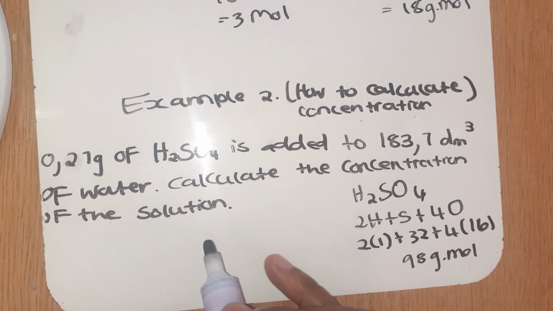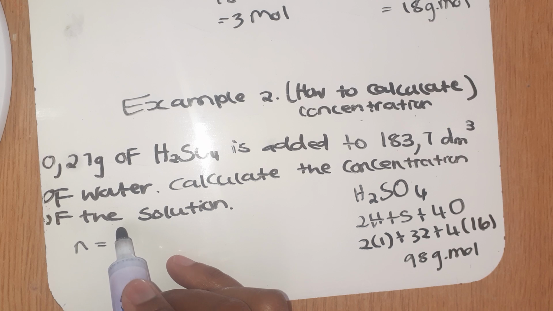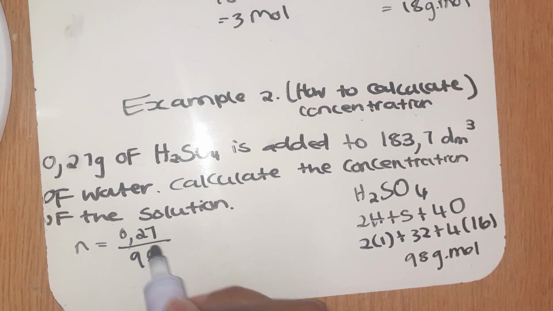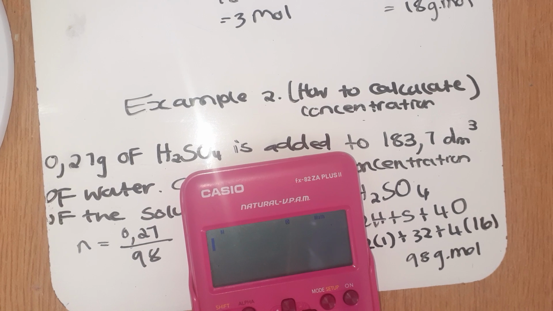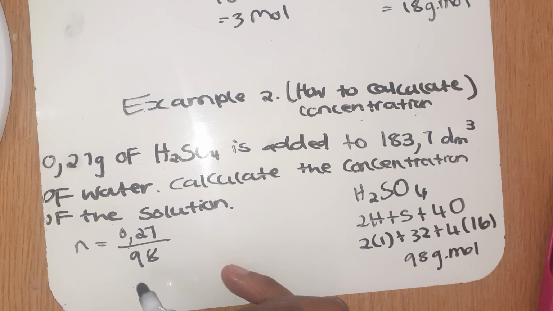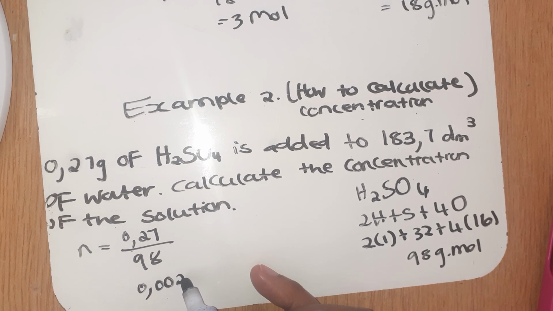Then to calculate n, n equals 0.27 over 98, and that will give us 0.0028.